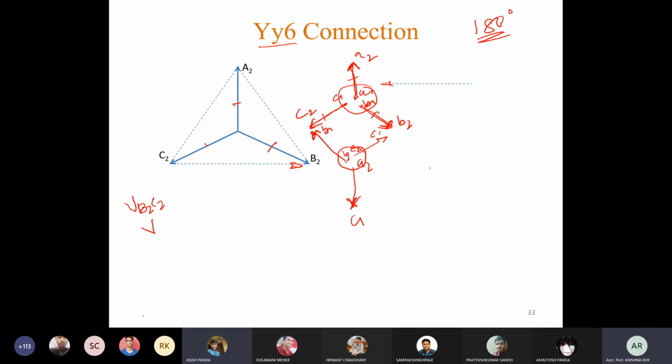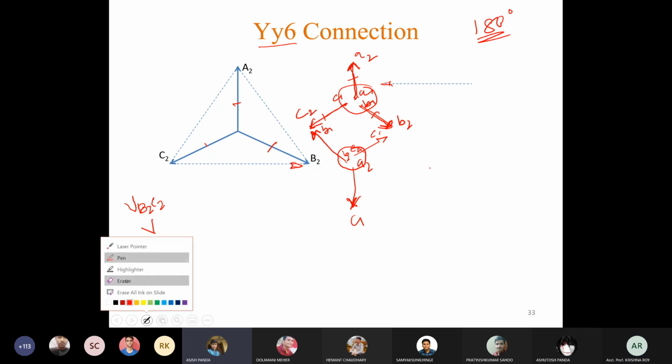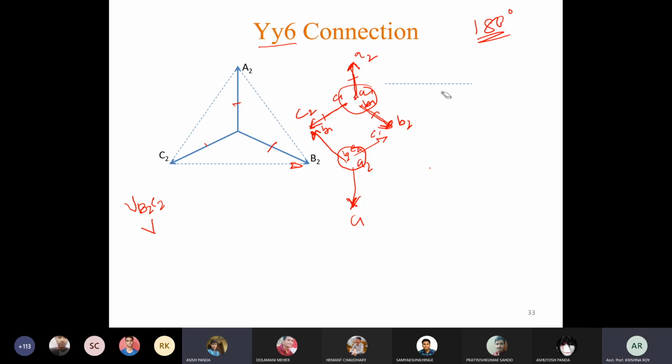Let us see. So this is B1, so we have reversed the direction of the phasor B2 B1, similarly C2 C1 and A2 A1. So all the 2 points are shorted here.